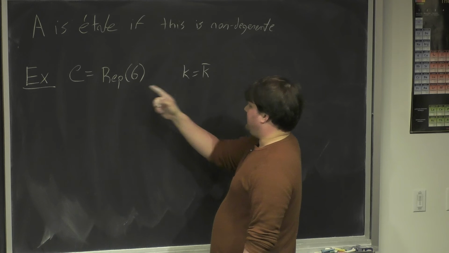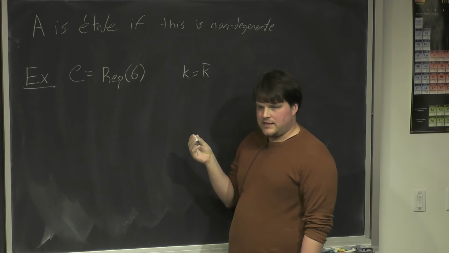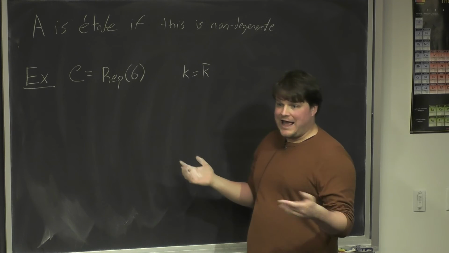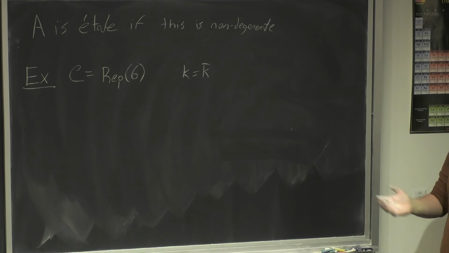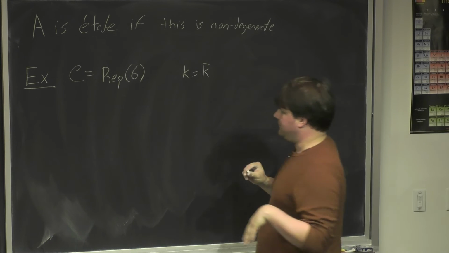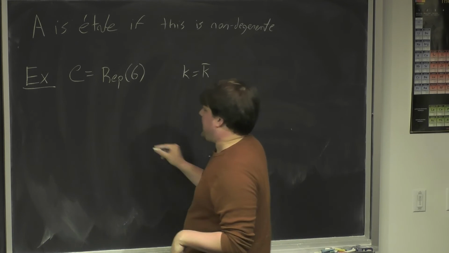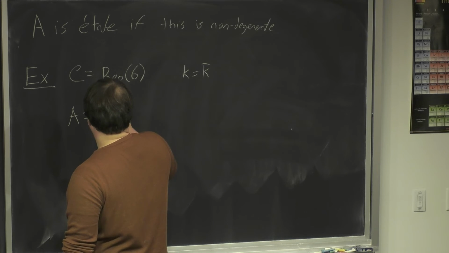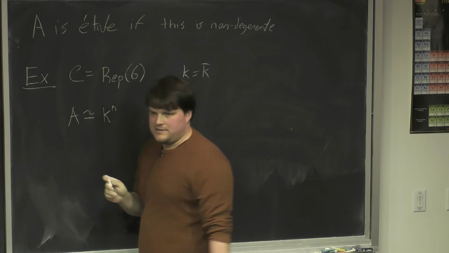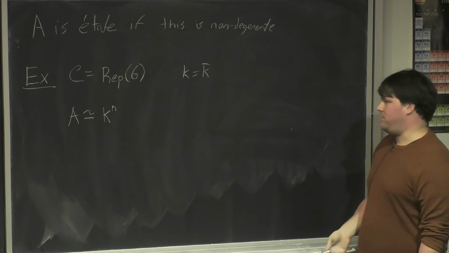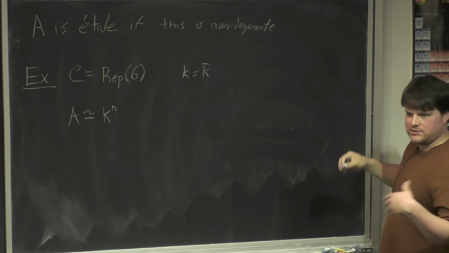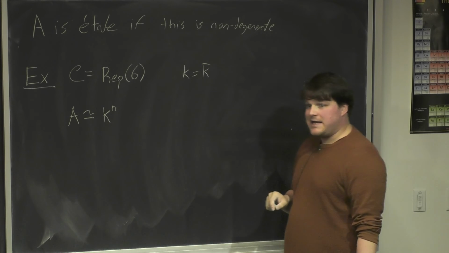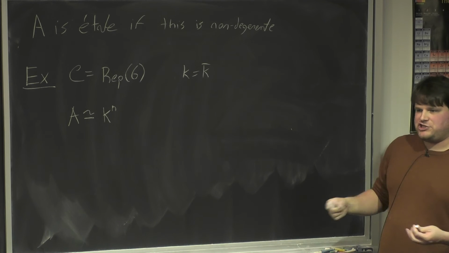Well, if I just take an étale algebra in representations of G, and I look at it as just an algebra with a G action, that algebra is also an étale algebra over an algebraically closed field, which actually means that as an algebra, it's just isomorphic to k to the n for some n. If we weren't algebraically closed, we might have to deal with field extensions. So I'm just k to the n for some n as an algebra, but I have an action of G on this.